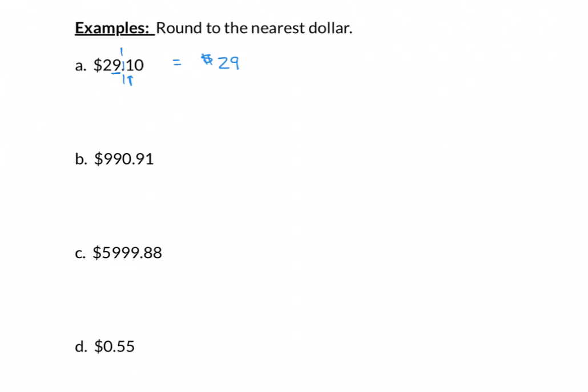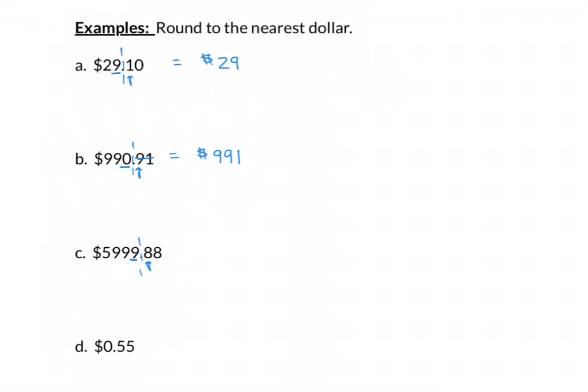All right, example B. We have a 0 in our ones column. The 9 tells me to round up. We get 9, 9. The 0 becomes a 1, and we discard everything to the right. All right, example C. We have a 9 in the ones column.